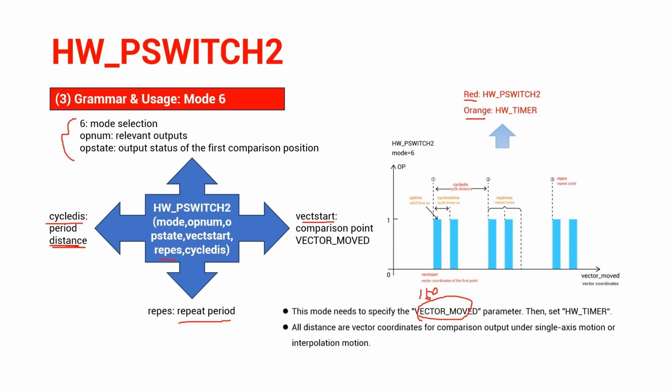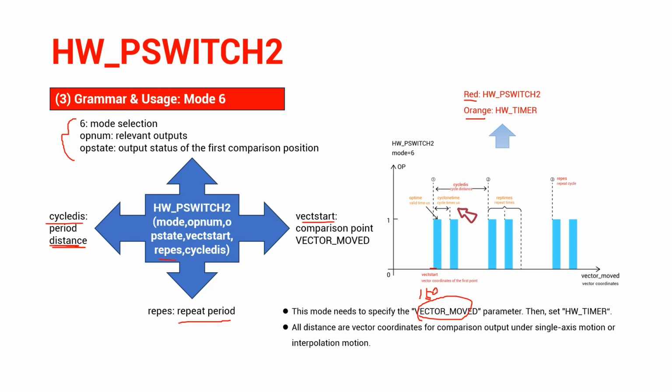Let me explain the diagram. When it arrives at this point, comparison is triggered. Then, the times of each trigger are controlled by the HW timer. For example, it is set as 2. The period is 2. Output 2 times high electrical level, then no output.